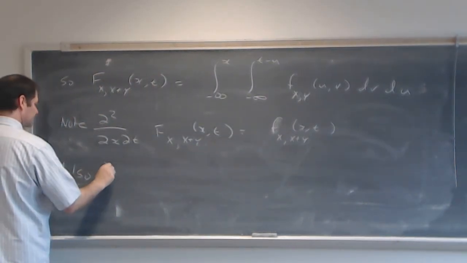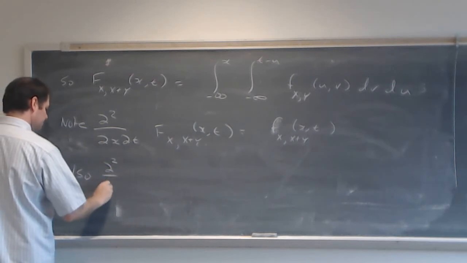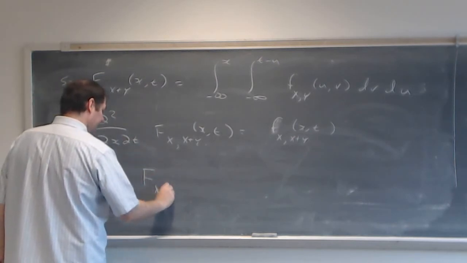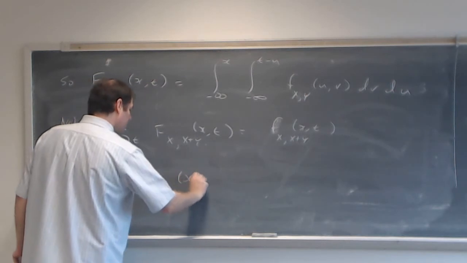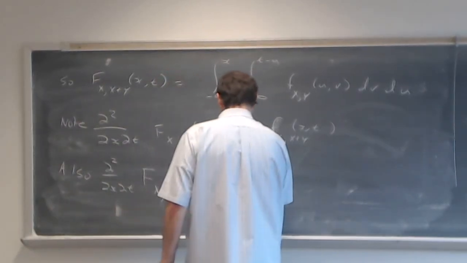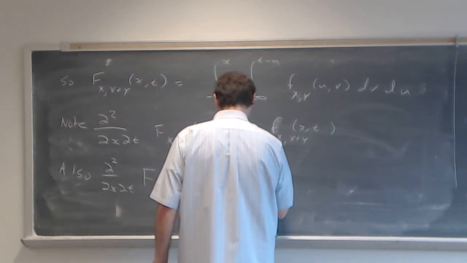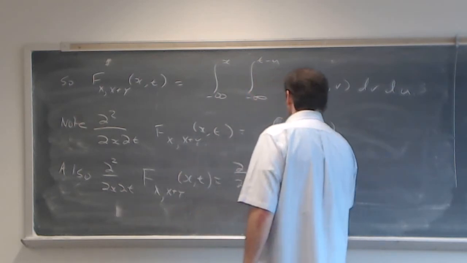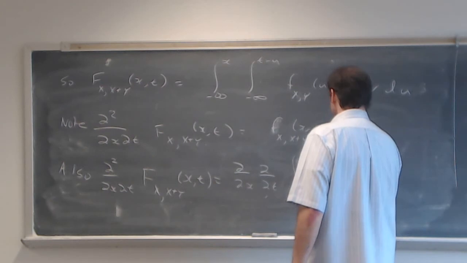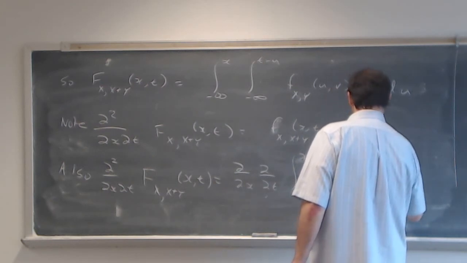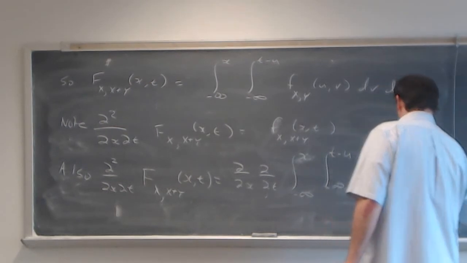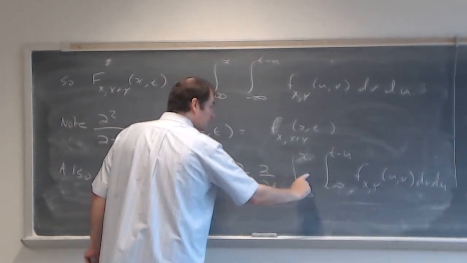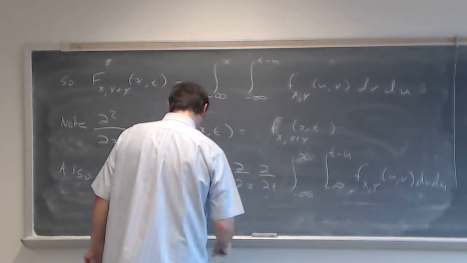Also, if I take these sequences of partial derivatives of this joint CDF, which equals these derivatives of these double integrals, then what I can do is pull this derivative inside the first integral, because this first integral doesn't have to do with t.